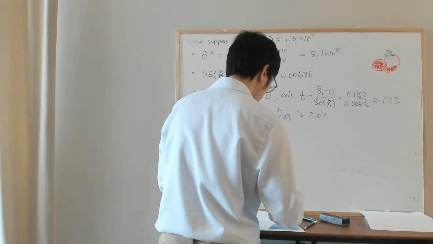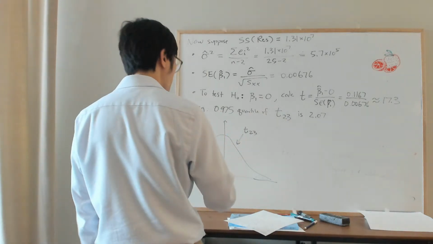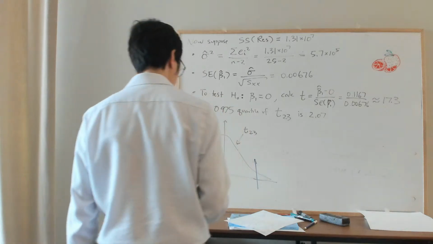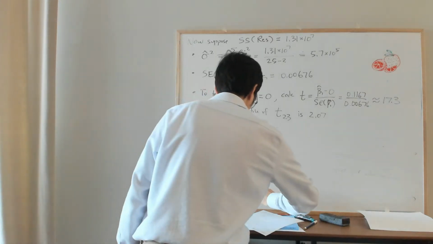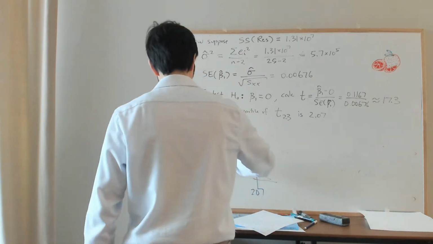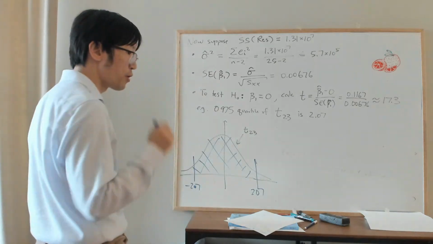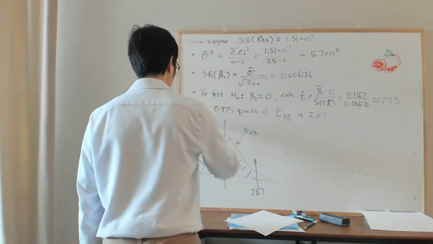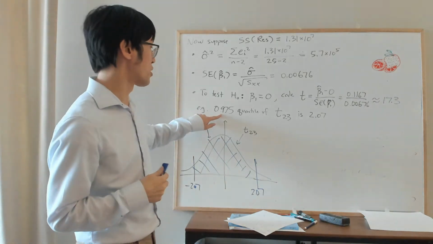Then what we're saying is that the area under the curve between -2.07 and 2.07, so this part in the middle, would therefore have a probability of 95%. Okay, so that's what we mean by this quantile.